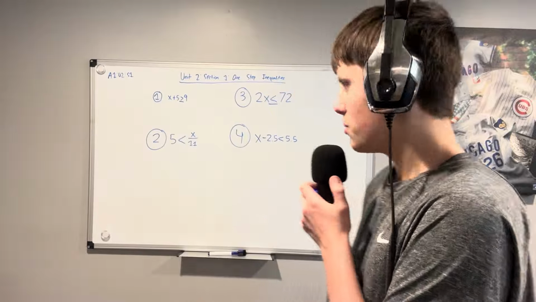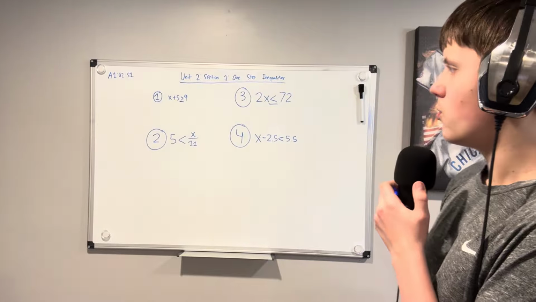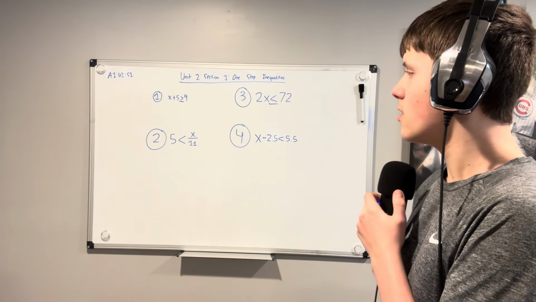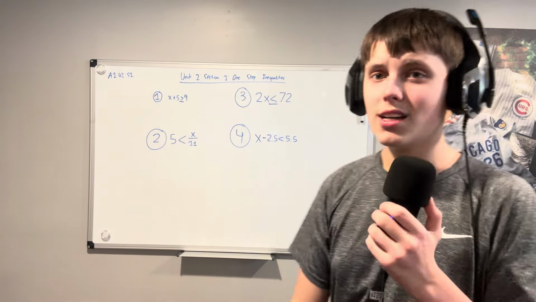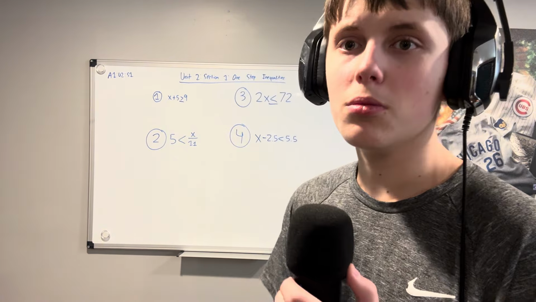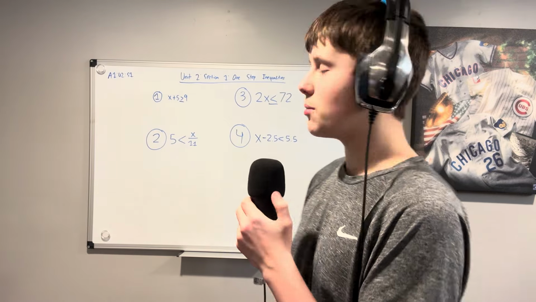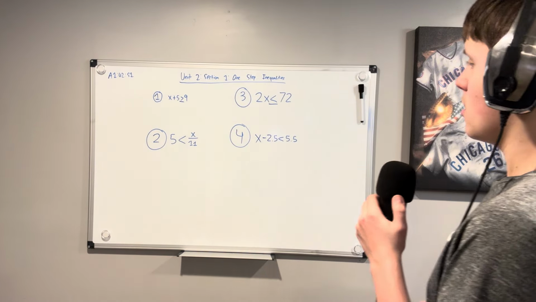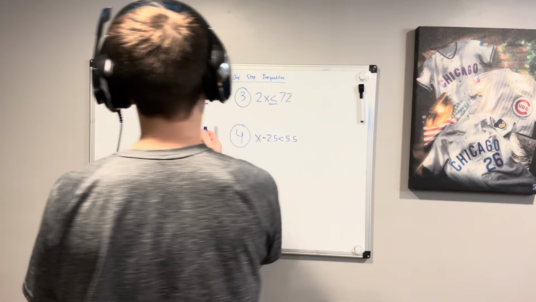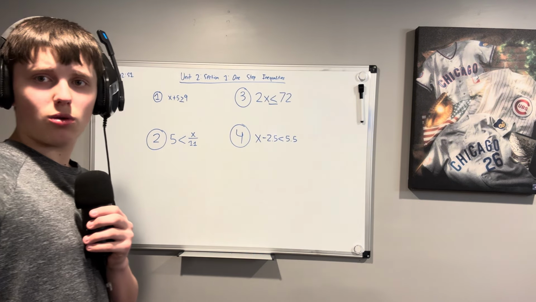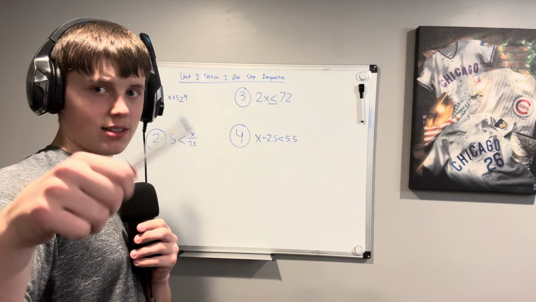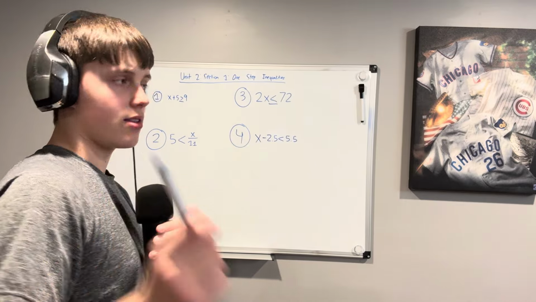Alright, so I have some problems up here already. We are given 1, 2, 3, 4, and you're going to see some problems that look like this. In the last unit, all of our problems pretty much had equal signs, except this time it's going to be similar, but with different symbols. One of our goals was number 3, learn the difference between less than or equal to and greater than or equal to.